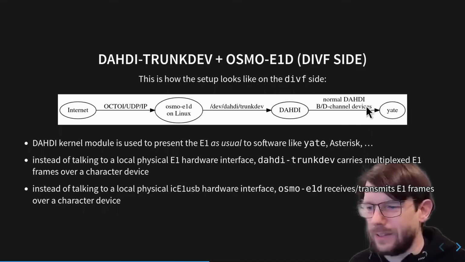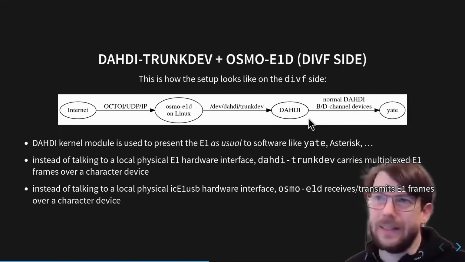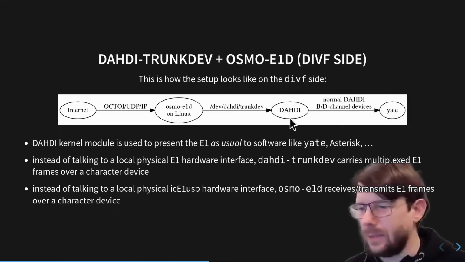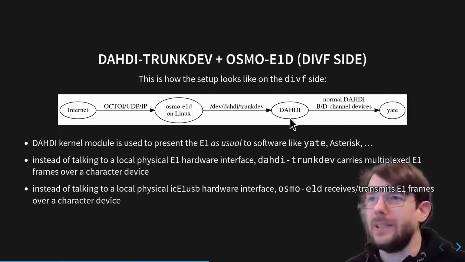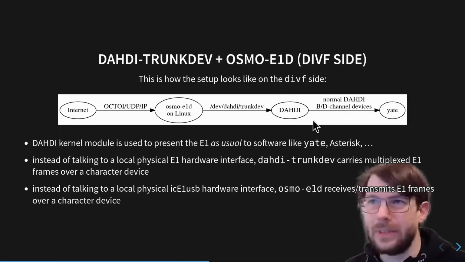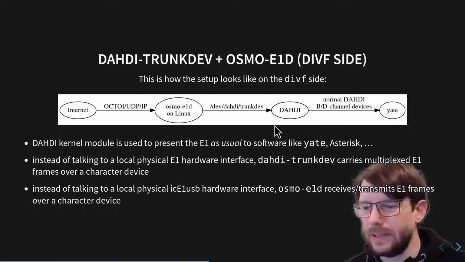So instead of having the B-channel time slots here, DAHDI already has support for this for decades, that you can then expose individual time slots or bunches of time slots or the entire E1 line as a network device. And then we can run IP over that, or we can run other protocols over frame relay that is fully supported and is working as well.